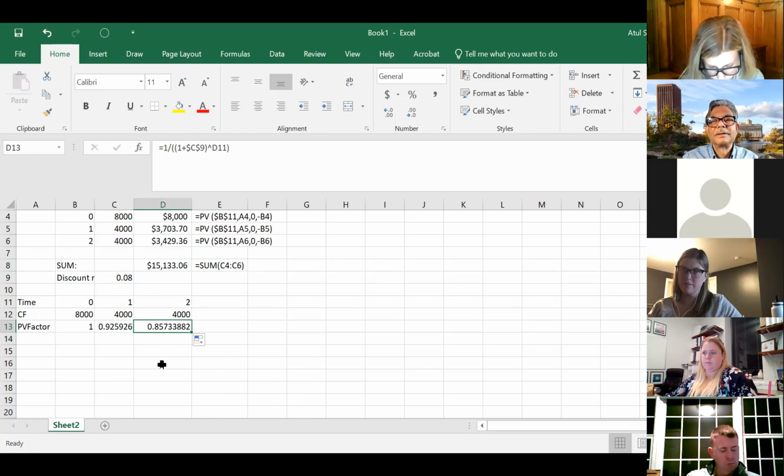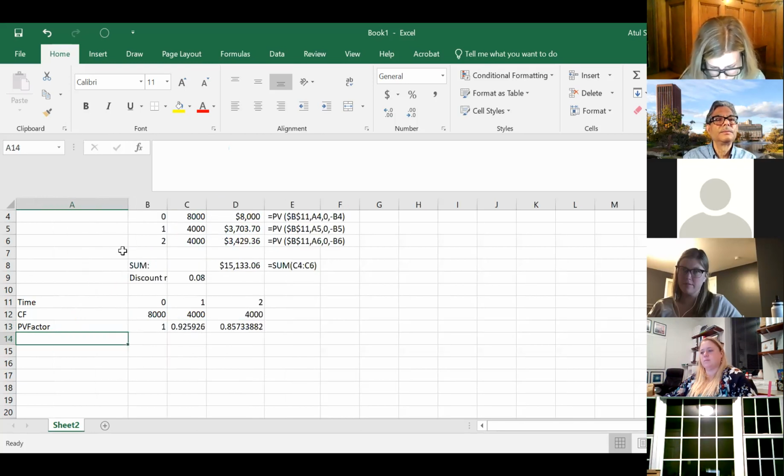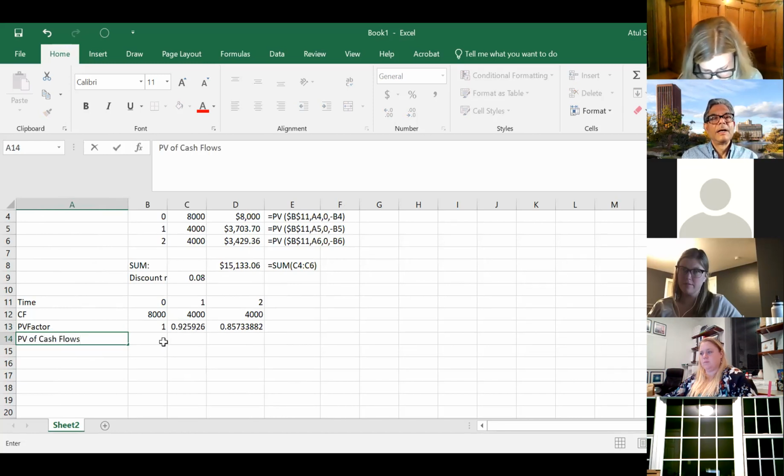Got it? So I want to do the present value of the cash flows. So I do present value. I'm going to expand it for you. So the present value of cash flows, what is this?